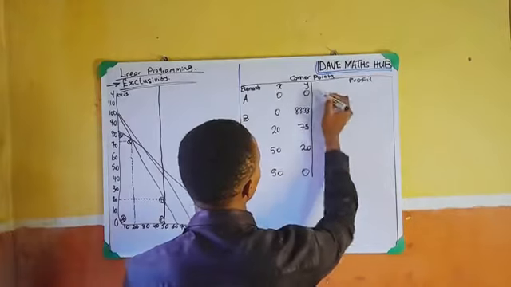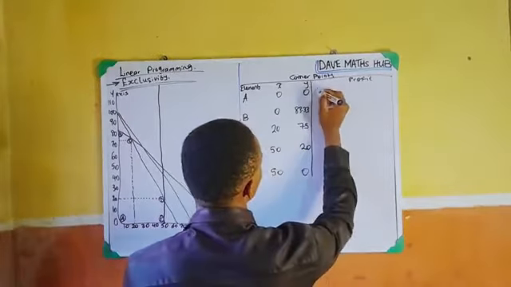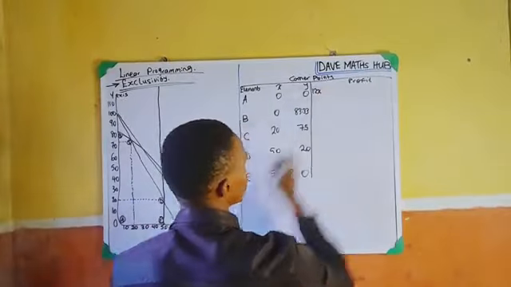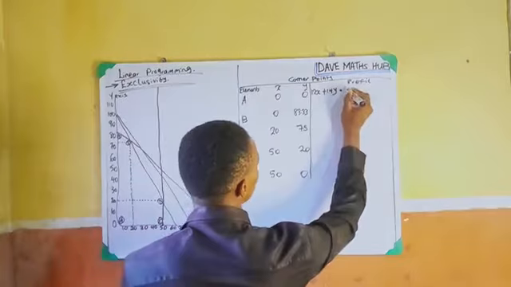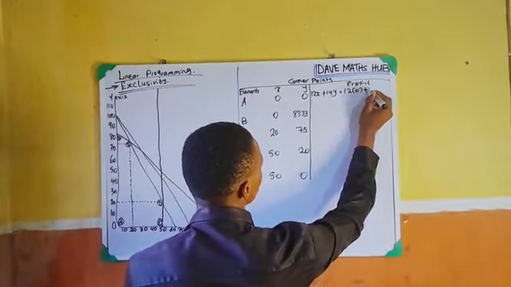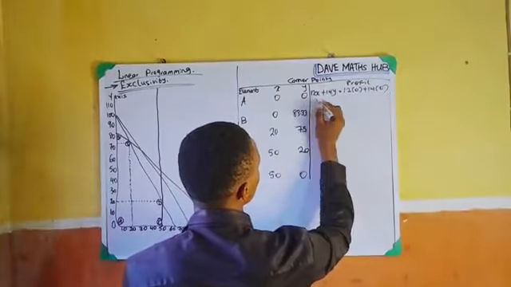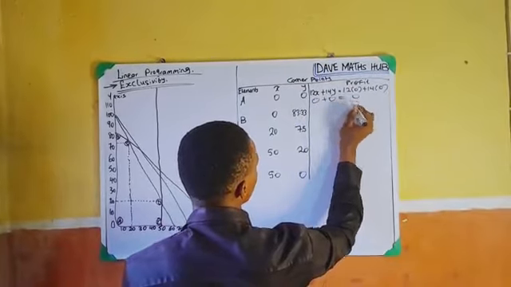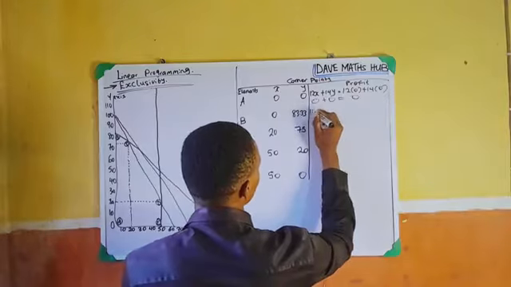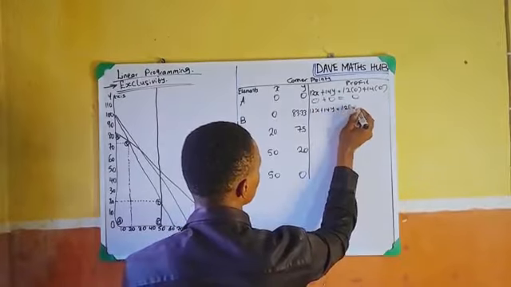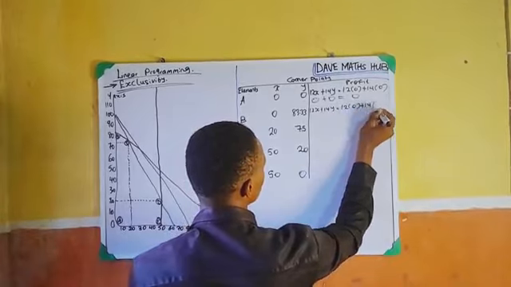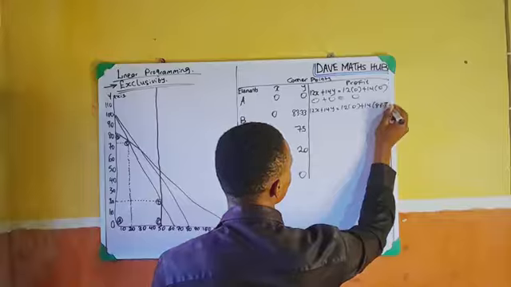So remember, the profit which was given, they said it's 12x plus 14y. So this will become 12(0) plus 14(0). This is 0 plus 0 equals 0 for A. 12x plus 14y equals 12(0) plus 14(83.33).